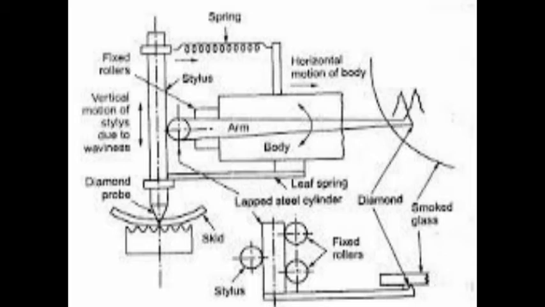This vertical movement of the scriber together with horizontal movement produces a trace on the smoked glass plate. This trace is further magnified at magnifications like x50, x100 by an optical projector for examination. By using this we can estimate the surface roughness.